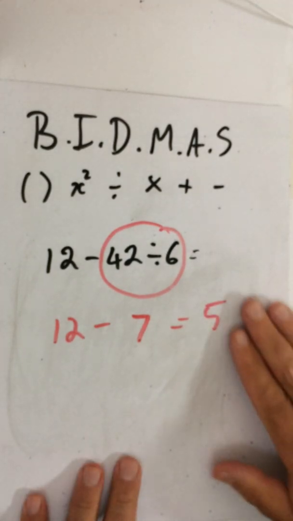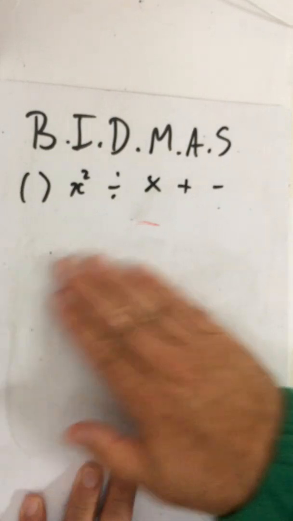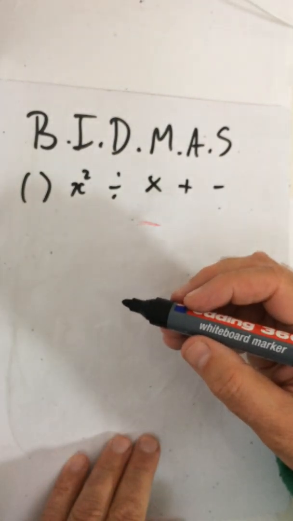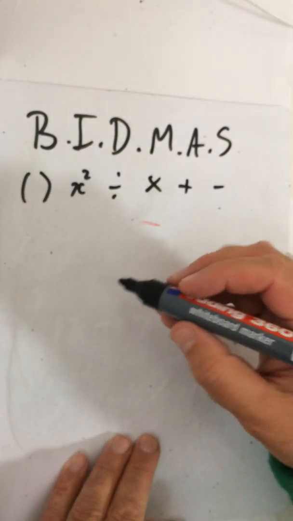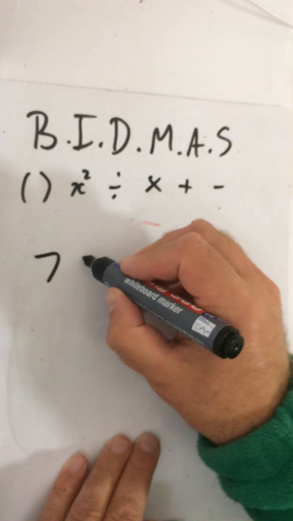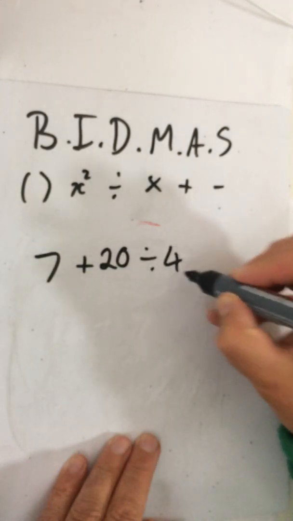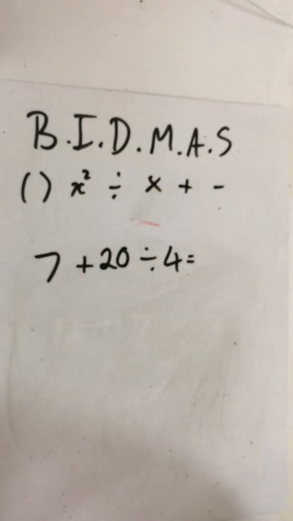Okay, let's just perhaps use easier numbers than that. Let's have a look at what would be 7 plus 20 divided by 4. Let's have a little think what that would be. What are we going to do first?